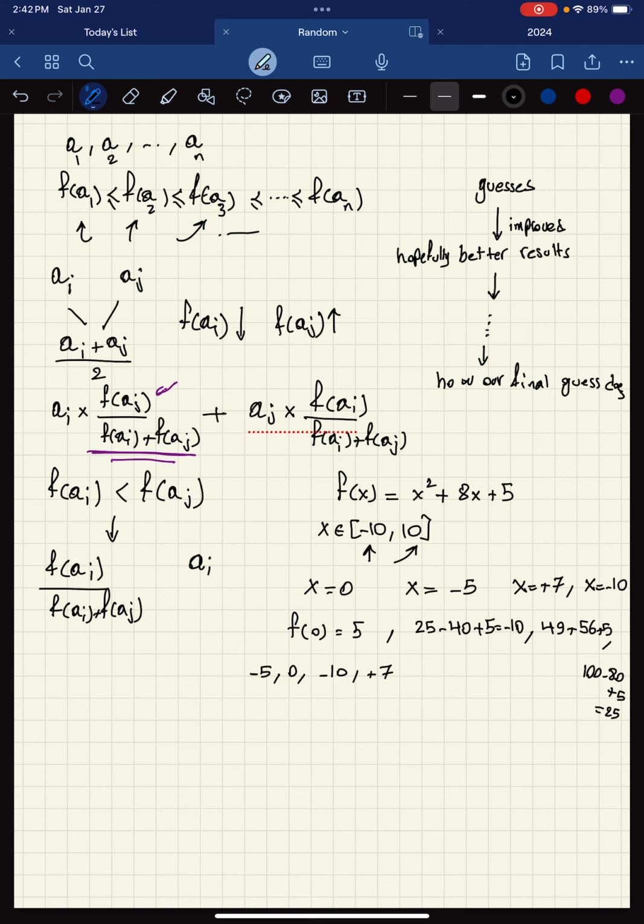Then underneath we're going to write the f functions, or as we would call it later, the fitness function for these numbers. But for now, the f function. So minus 10 first, then we're going to write 5, then 25, and at the end this is going to be 110, if I'm not mistaken.